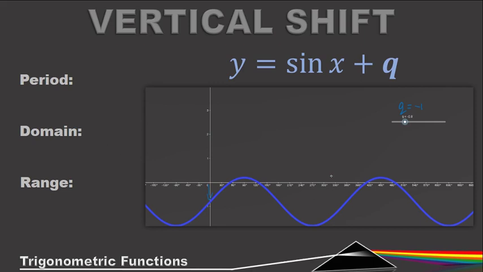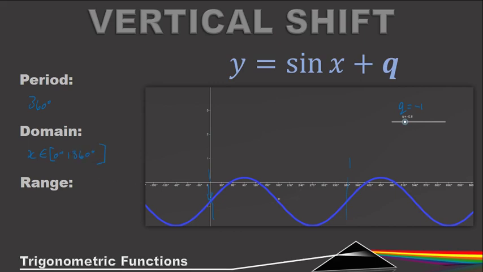Now once again, we can see the period remained unchanged, 360 degrees. The domain is also unchanged if we restrict it from 0 up to 360. So the domain is still where x is an element from 0 degrees to 360 degrees.